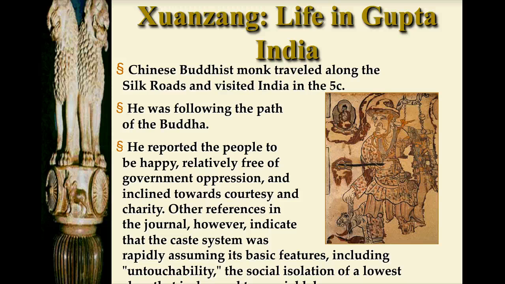Other references in the journal, however, indicate that the caste system was rapidly assuming its basic features, including untouchability, the social isolation of a lowest class that is doomed to menial labor. And it's important to understand that this caste system in India is something that endures for thousands of years.